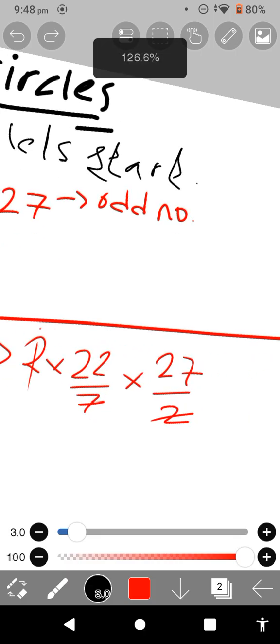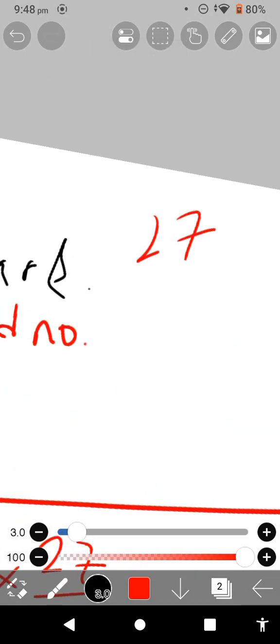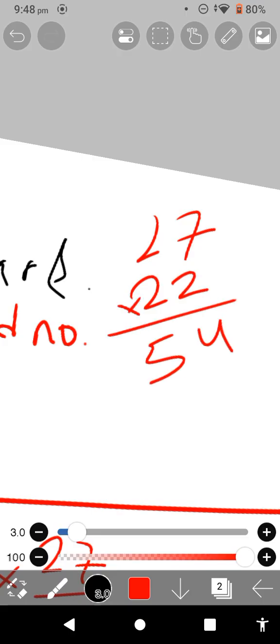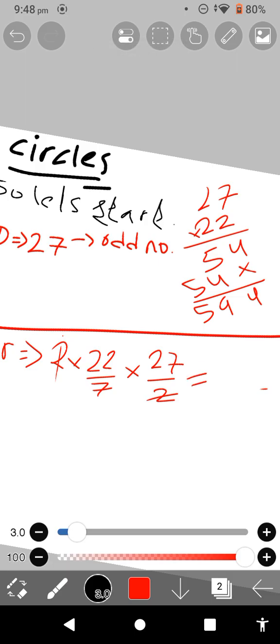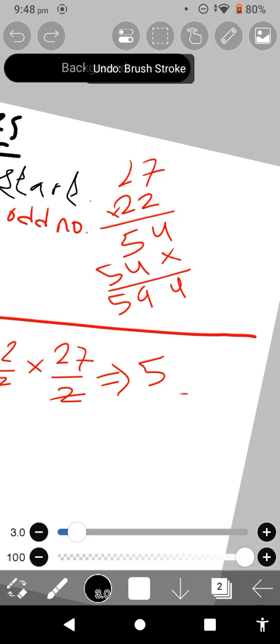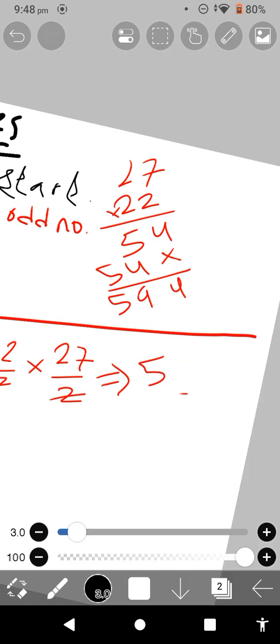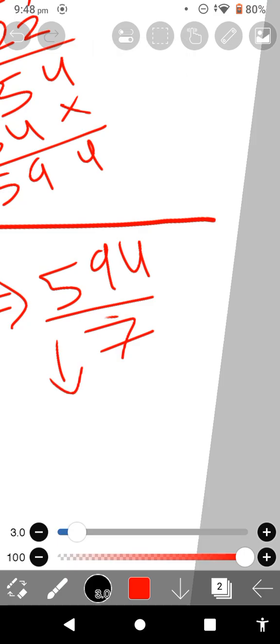Now we multiply them both. 27 into 22 is 594. So here we have 594 by 7, and that's the circumference.